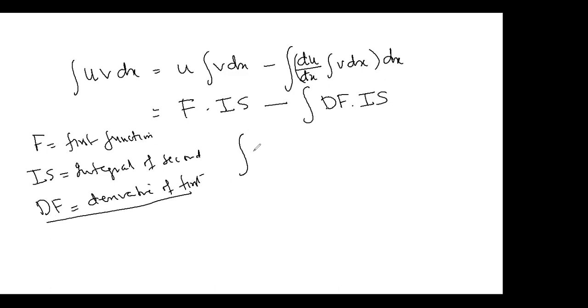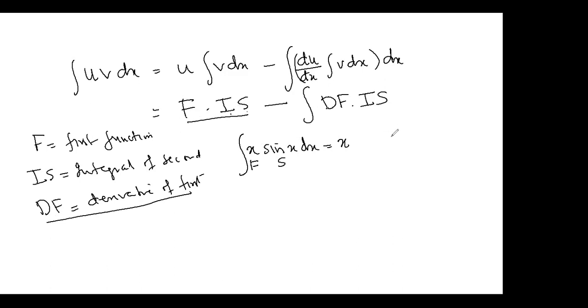Imagine I want to integrate x sin x. So I will take x as first, sin x as second, and I am going to apply this formula. What should I do with the first function? Write it as it is, don't integrate it.